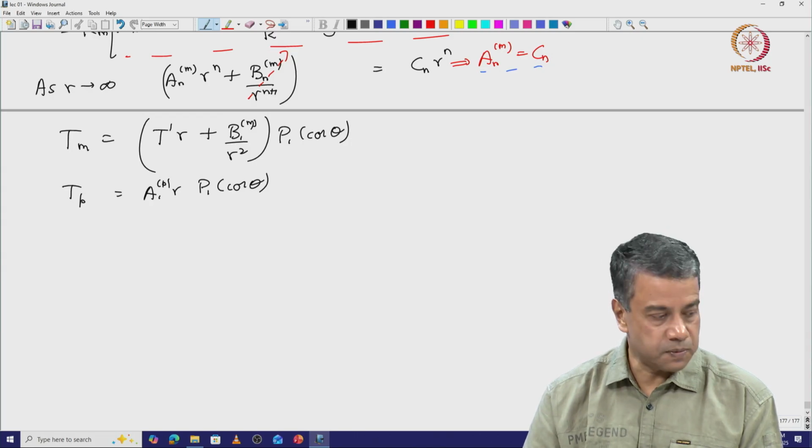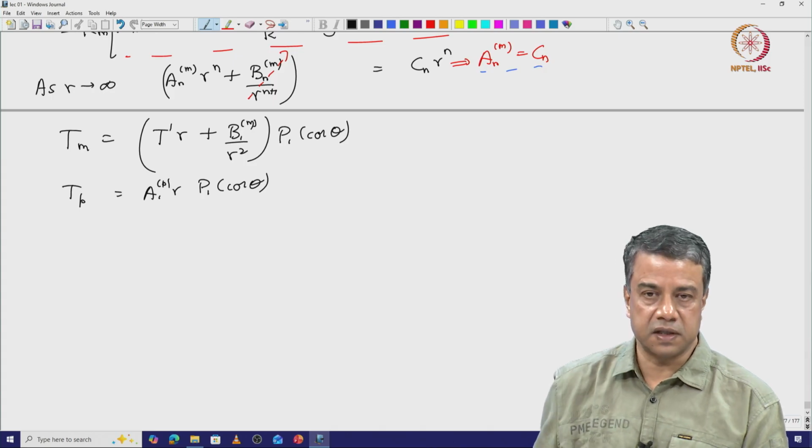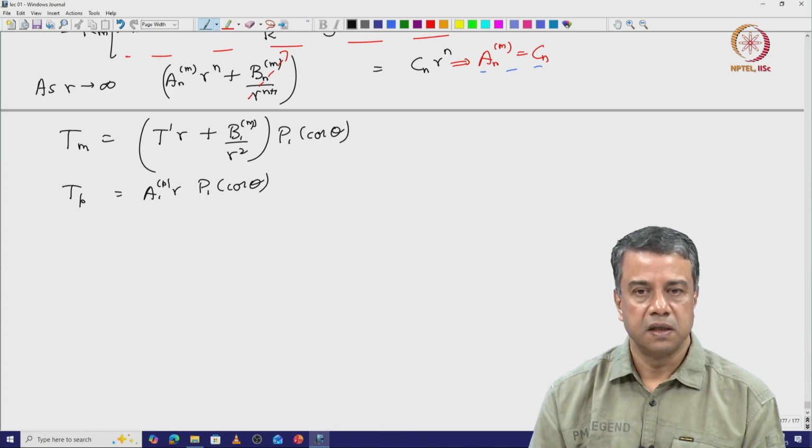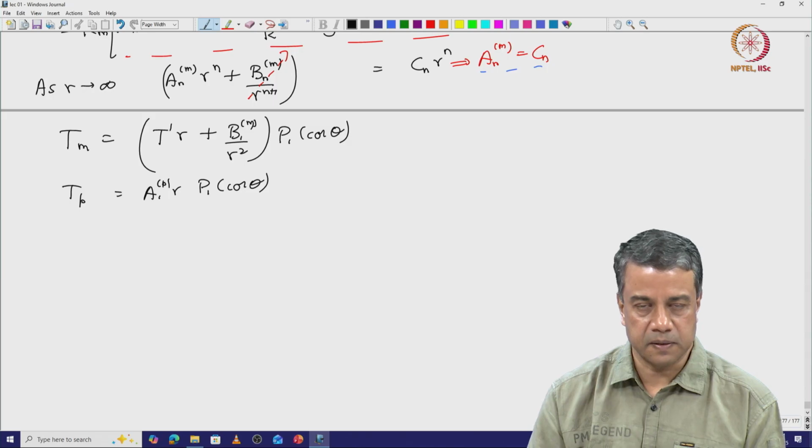So, just based upon the symmetries, or rather the orthogonality of the Legendre polynomial series, each term in the series is orthogonal to every other term.